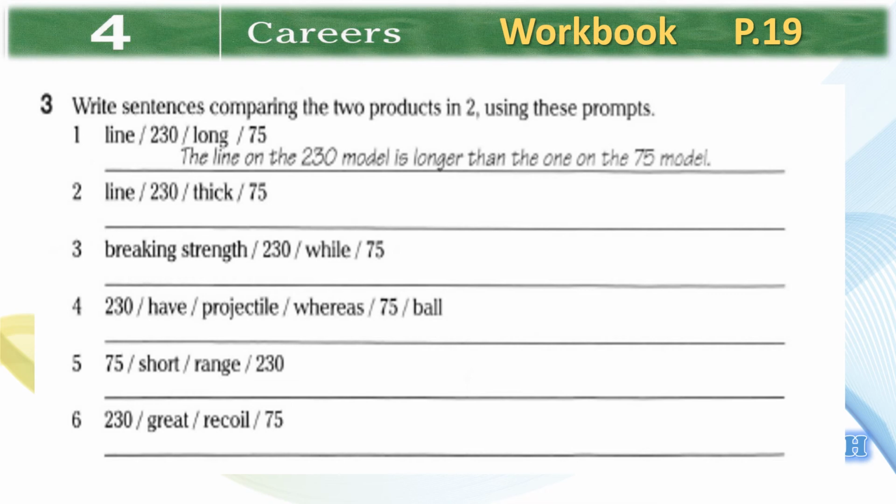What we have to do is to write sentences comparing the two products in exercise number 2 using these prompts. Now we have an example, number 1, line model 230, long model 75. So the sentence should be, the line on the 230 model is longer than the one on the 75 model.